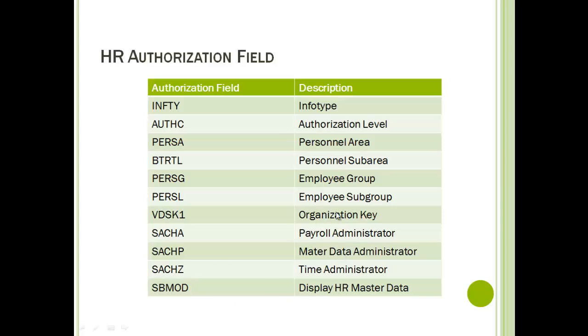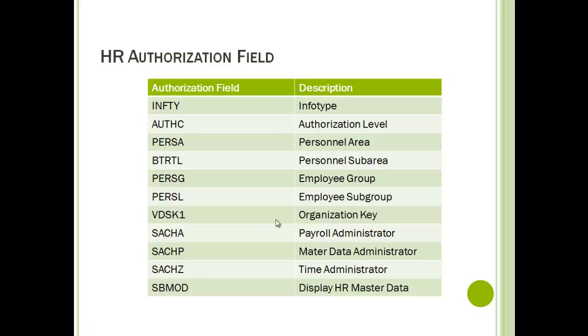The next one is organization key. You need to understand this organization key does not mean something like personal area, some customizing organization key. This is basically coming from, for example, this organization key is some kind of text. Let's understand it like this. It's a text field.